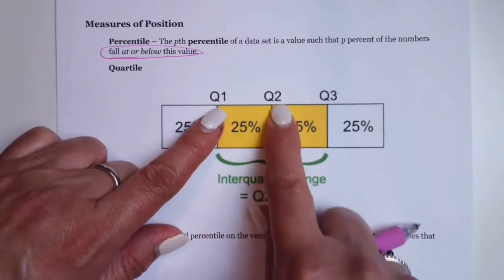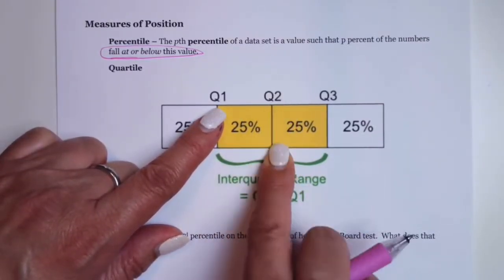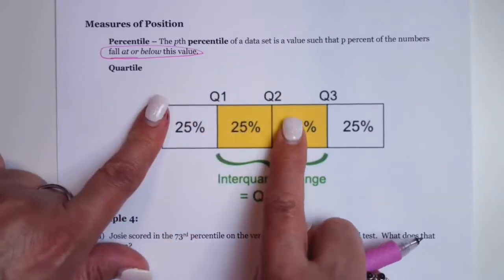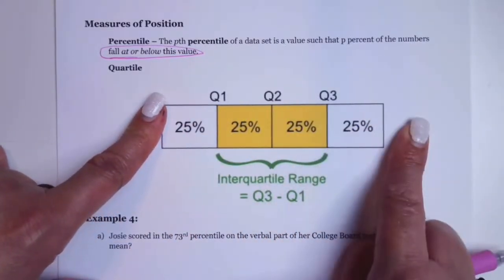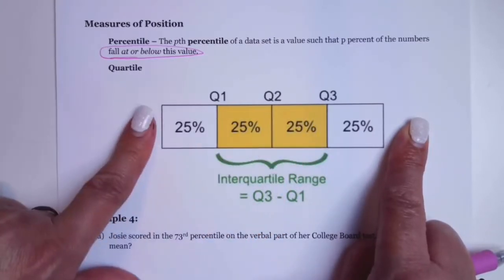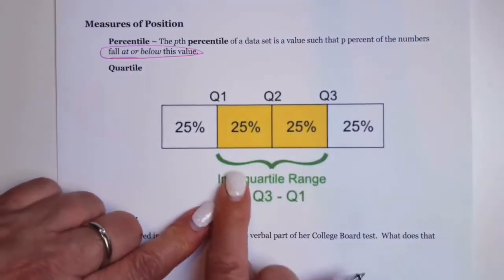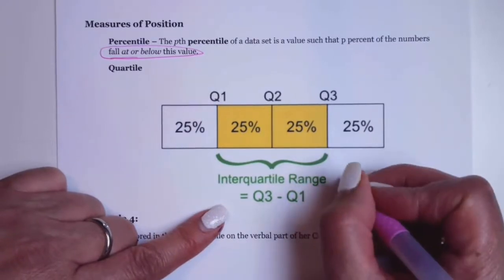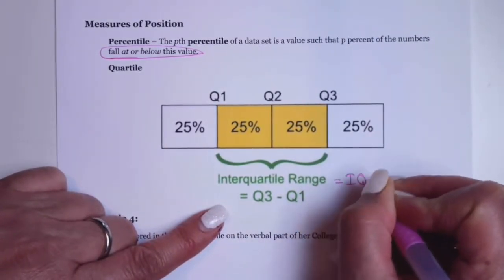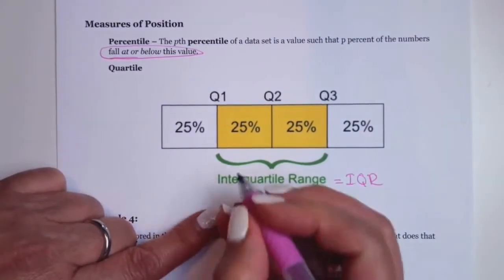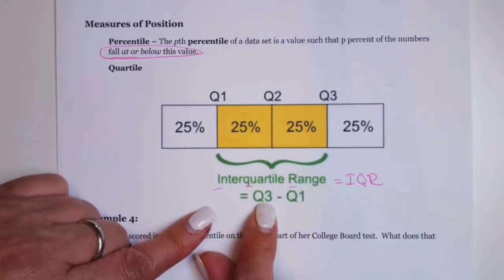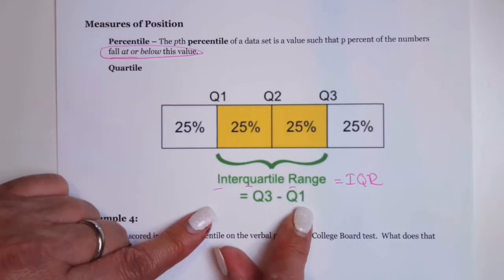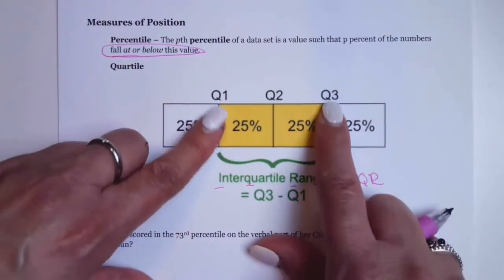The second quartile is halfway between, so we have 50% here, 50% here. And for the third quartile, we have 25% here, and we have 75% here. Then we have what's called an interquartile range, and you'll see the abbreviation IQR. And that is the third quartile minus the first quartile. So these values here.